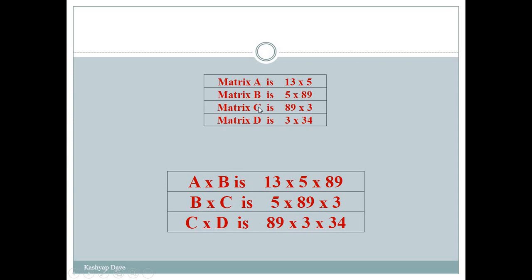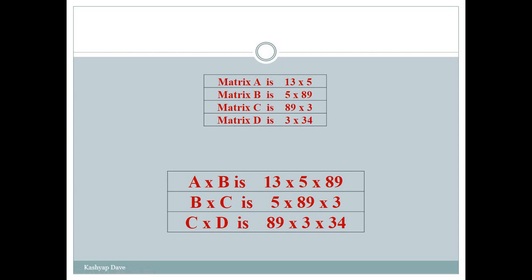If we want to multiply B with C, the total multiplications needed will be 5 into 89 into 3. If we want to multiply C with D, the total multiplications will be 89 into 3 into 34.